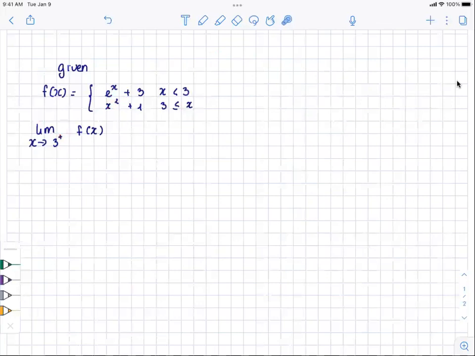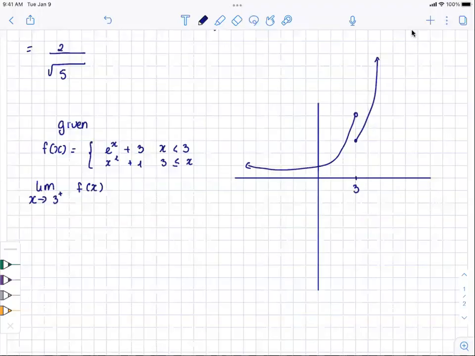So if you want to think about this by drawing out your function, you can do that too. So let's draw out the function. Like so, the function is drawn like this. So when x is less than 3, you have e to the x plus 3, which is this function, right?